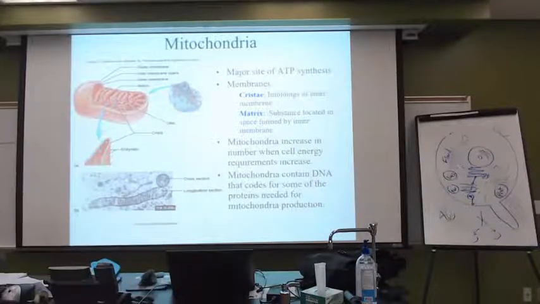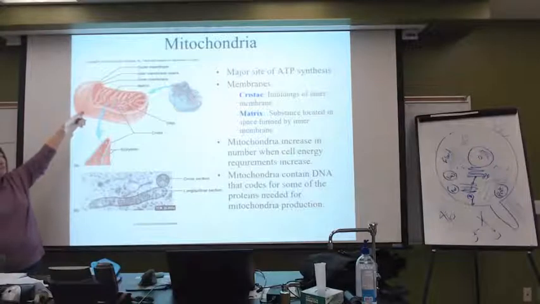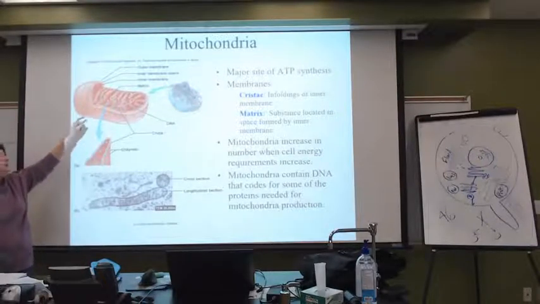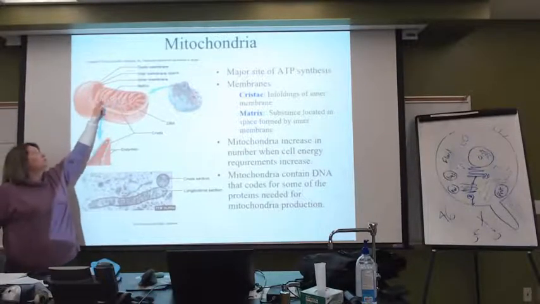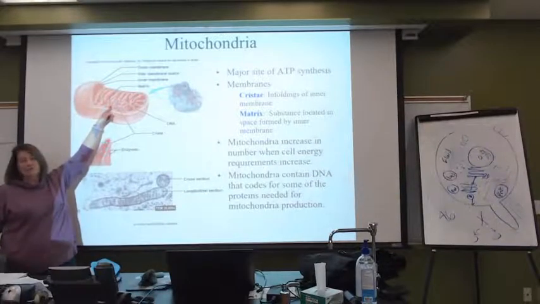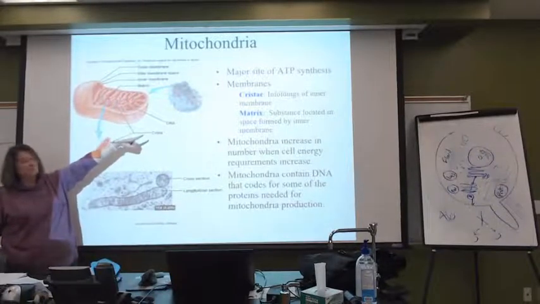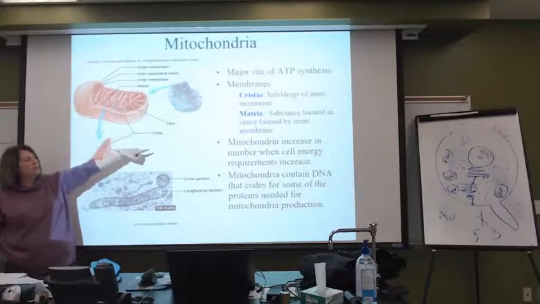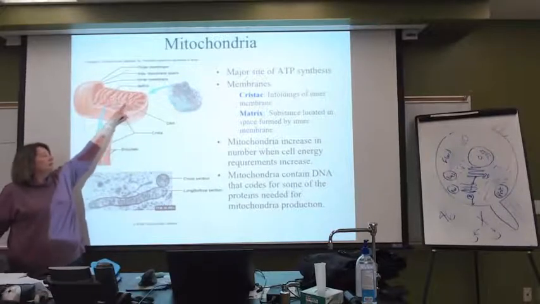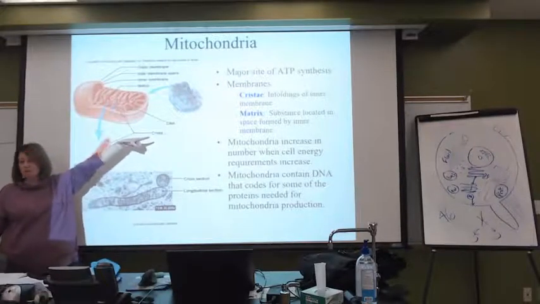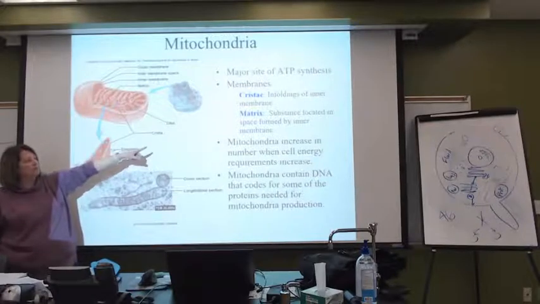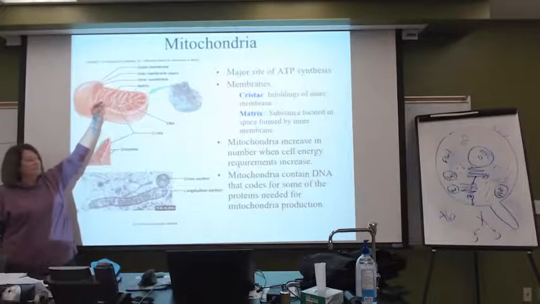Generates about 32 to 36 ATPs. They do have a double membrane. The membrane folds in on itself. That's termed cristae. In between is a matrix, a substance, okay? Liquidy type substance.